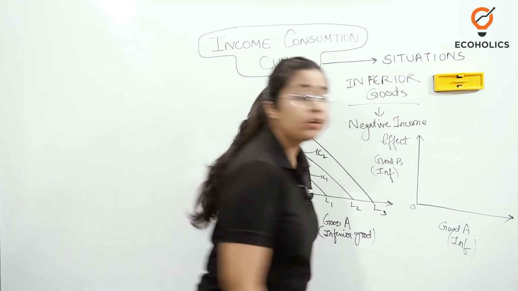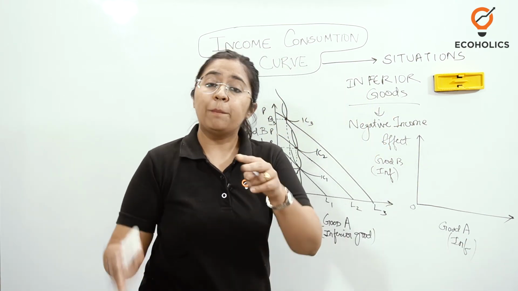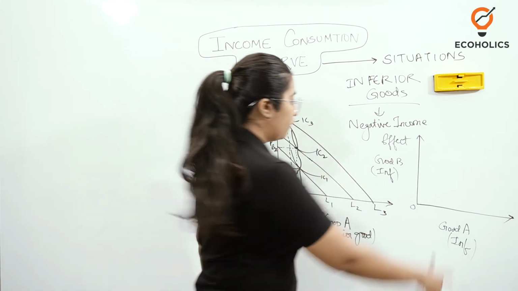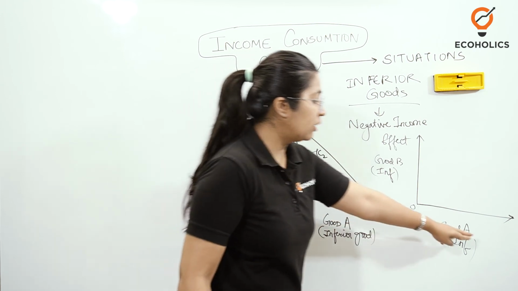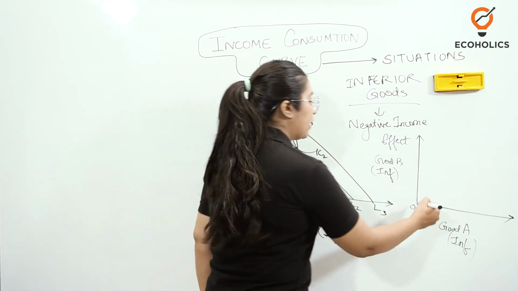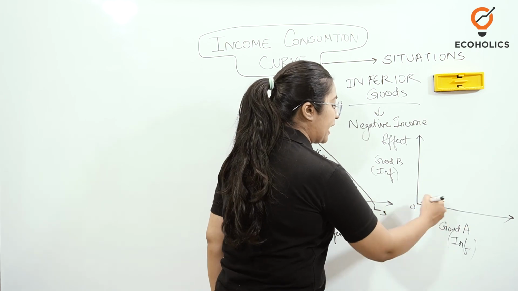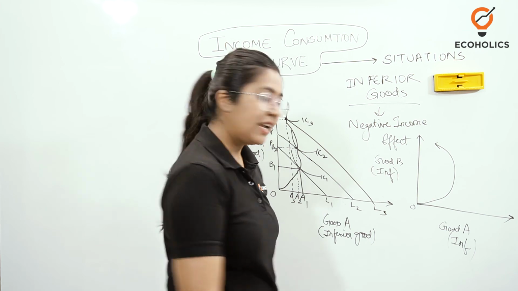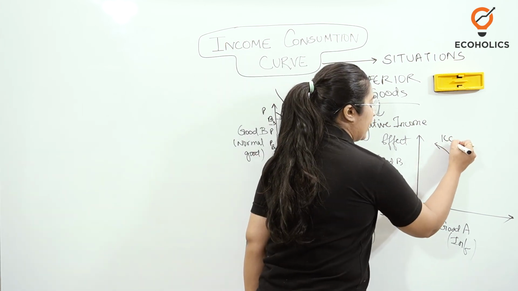So now what you're going to have is two backward bending income consumption curves. If the good A on the x-axis is an inferior good, your income consumption curve for good A will be like this. Yeah, that is ICCA.